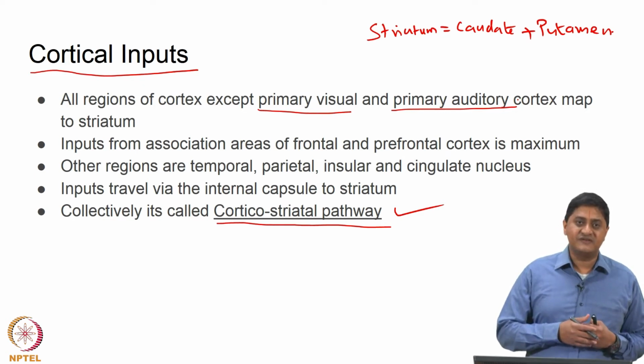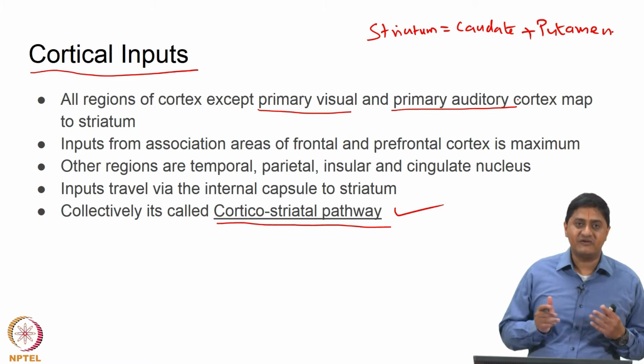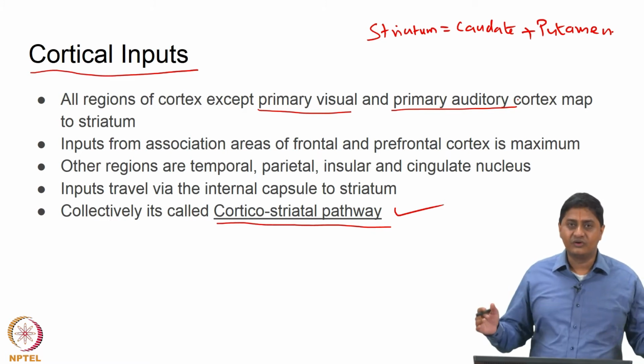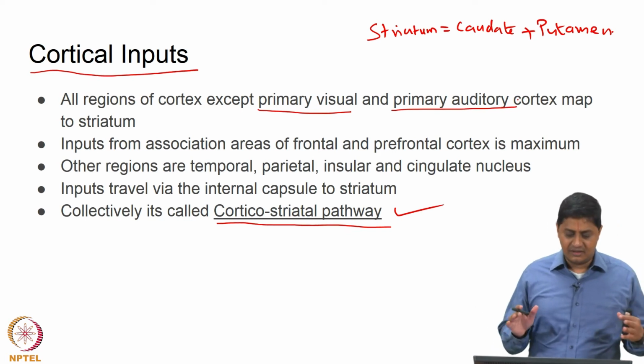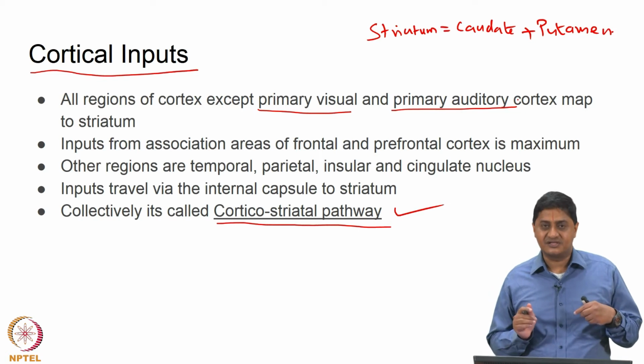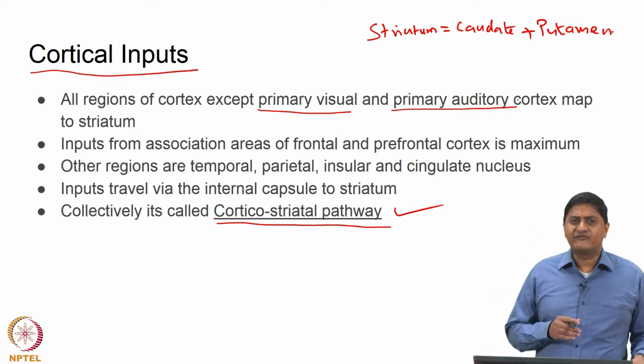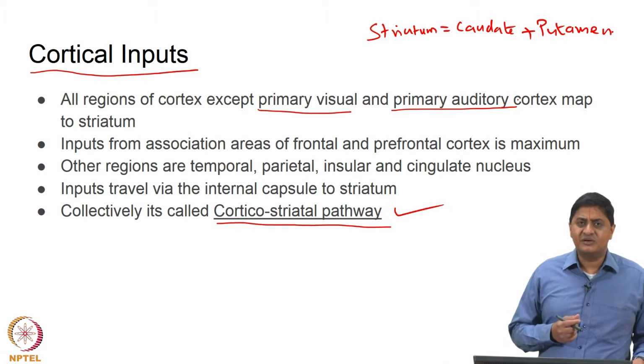So, this is what we saw in one of the earlier classes as maintenance of skeletomotor, oculomotor, executive association and limbic functions of the basal ganglia. These are the four ways in which we could classify basal ganglia functions. A lot of information about basal ganglia function comes from the motor loops.